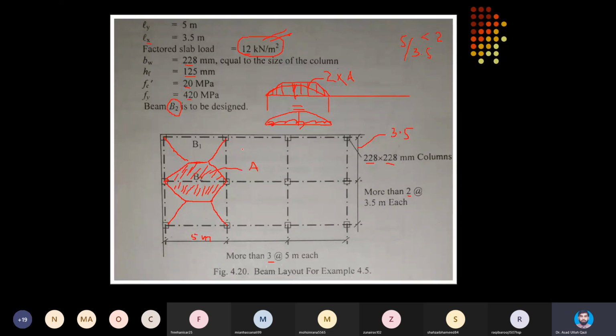So this exercise we have done on one example problem, and we derived equations to determine those equivalent widths with which, if I multiply my ultimate pressure, I will get the equivalent UDLs.